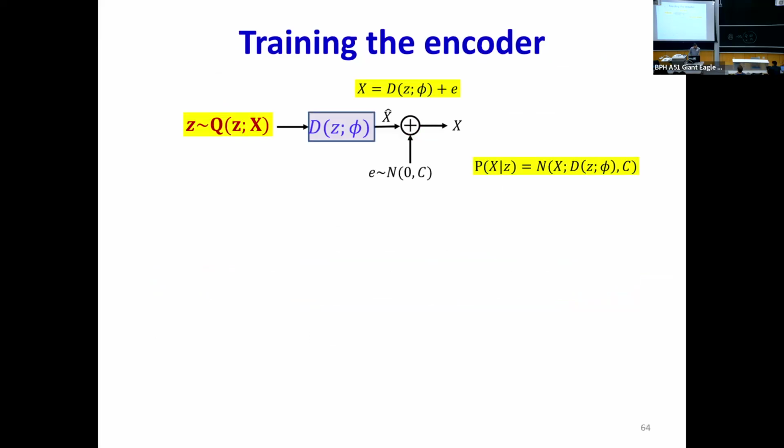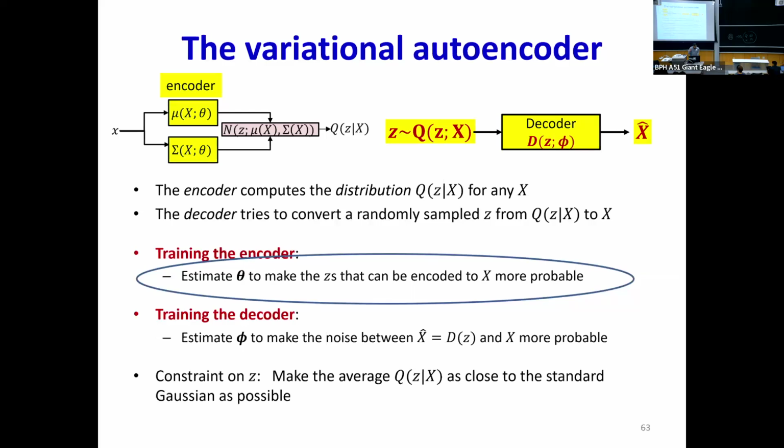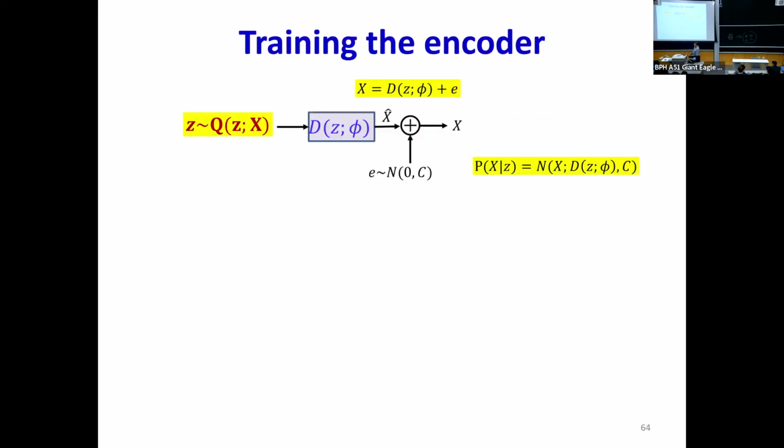First, even to see how the encoder is trained, we have to look at the decoder, because the objective is to make the output of the decoder X hat as close to the training instance X as possible. And the input to the decoder consists of samples drawn from Q, right?